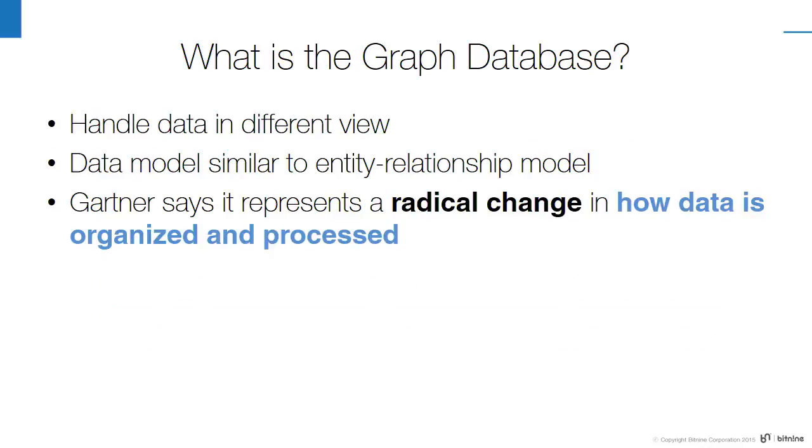So graph database handles data in different views from relational database: node and relationships. It is very similar to the entity relation model, so it is very intuitive and easy to understand. Gartner says that the graph database represents a radical change in how data is organized and processed.